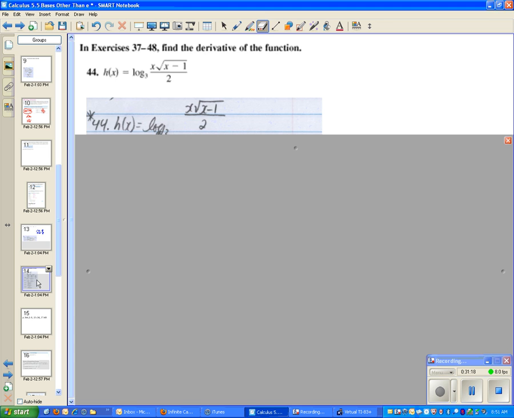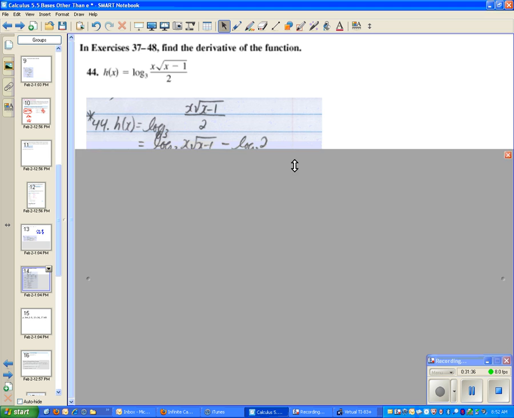All right, on 44, I need to do some rewriting with logarithm properties. Because like we did with natural log, how we could eventually break it into small enough pieces that each piece was kind of easy to differentiate, let's do the same thing. So let's make it the logarithm of the numerator minus the logarithm of the denominator. Keep the base 3.